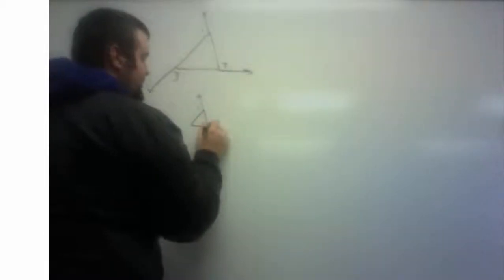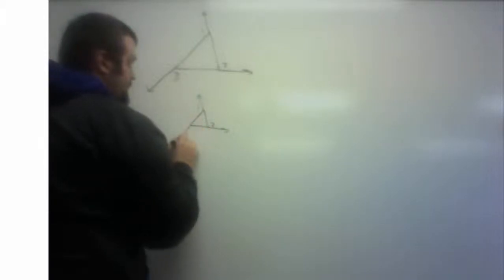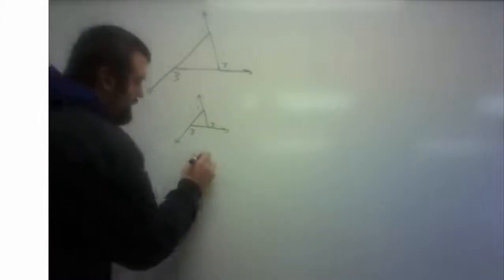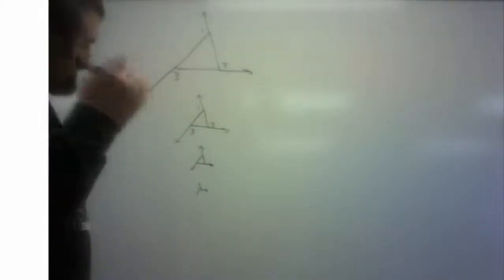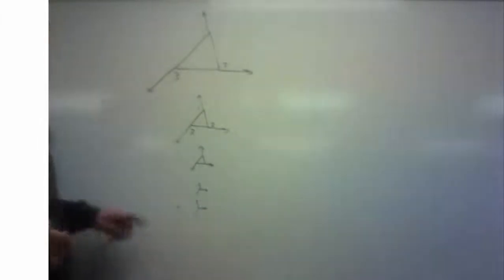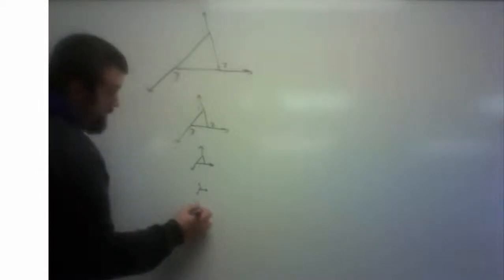But angle 1 would still be here, angle 2 would still be here, and angle 3 would still be here. Now let's pretend I walked a little bit further, and a little bit further, and even further away. Eventually, it would look like this, with angle 1 being here, 2, and 3.